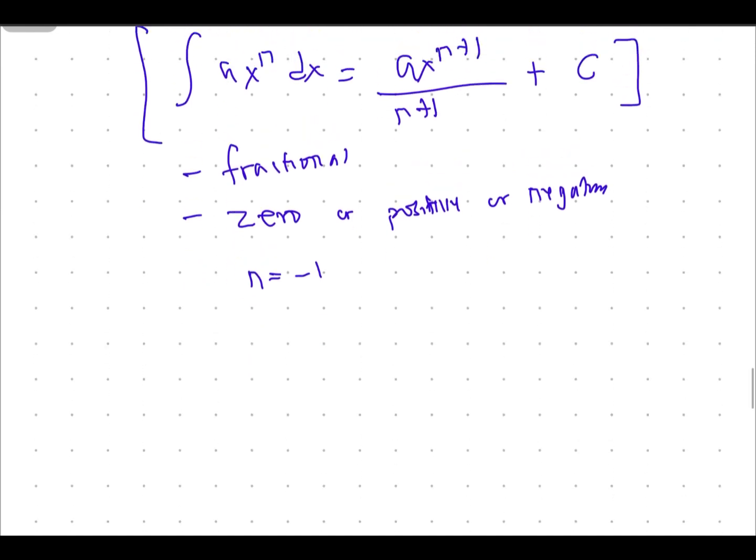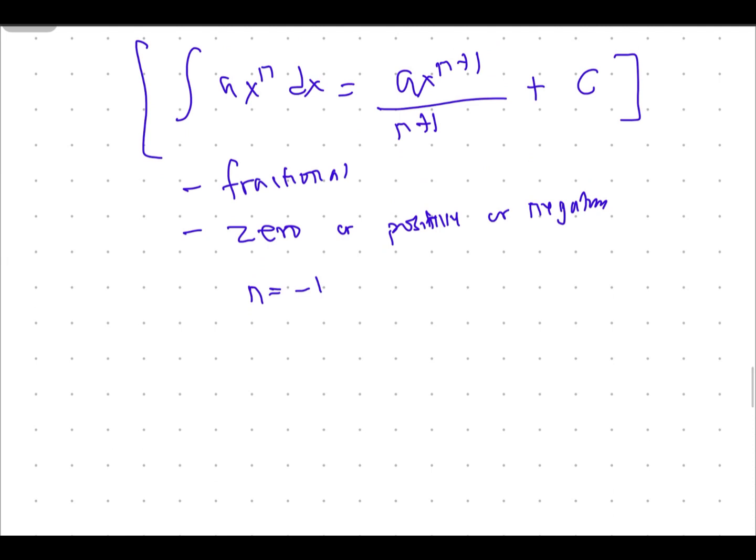This is the reason when you have maybe ax power -1, you can go and do the integration of ax power -1 plus 1 over -1 plus 1, which will give us what? Ax power 0 over 0.